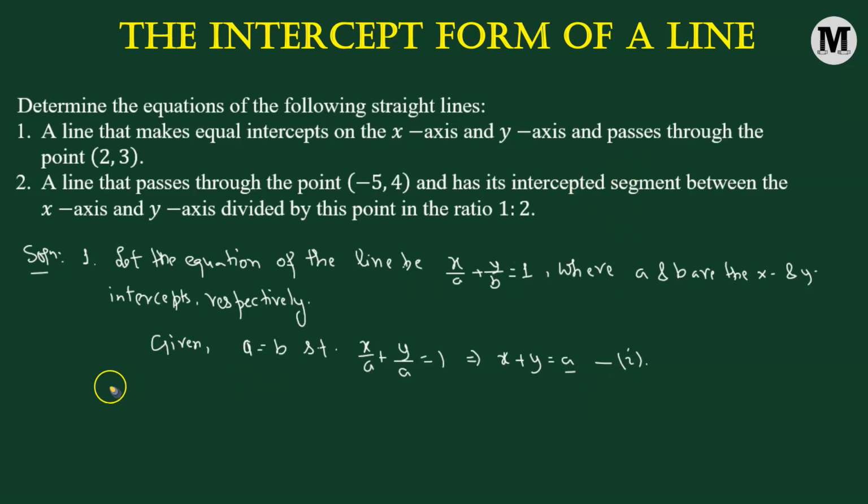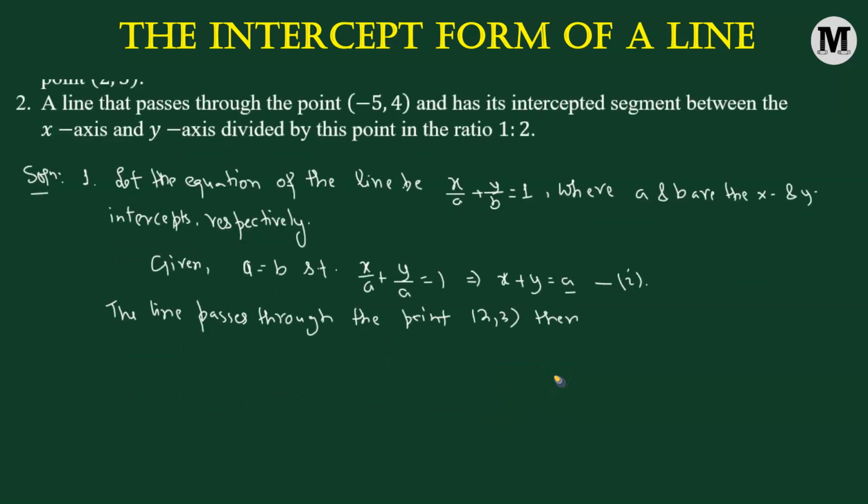Now it's given here that the line passes through the point (2, 3). If the line passes through the point (2, 3), then this point must satisfy the equation of the line. That means we're going to replace x with the x coordinate value of the point and y with the y coordinate value of the point.